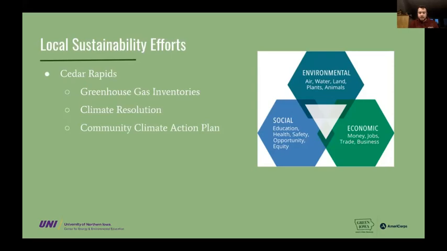Cedar Rapids completed this plan through 3 phases: education and community input, plan and engagement, and plan finalized and action continues. During these 3 phases, Cedar Rapids implemented community outreach efforts, created a climate advisory committee, and held an open house event announcing their community climate action plan.